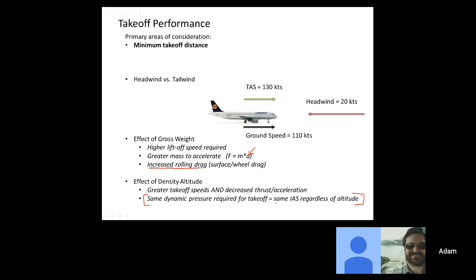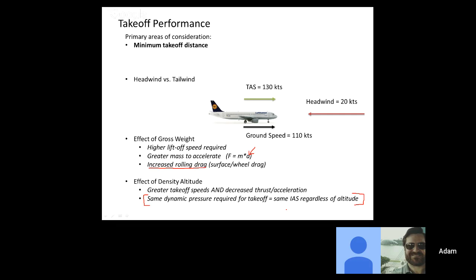you can take off from a Texas runway at 700 feet, and your aircraft will lift off at, I'm just going to make up a number, 70 knots indicated airspeed. And then you fly your airplane to Colorado Springs, where the elevation is 6,000 feet.